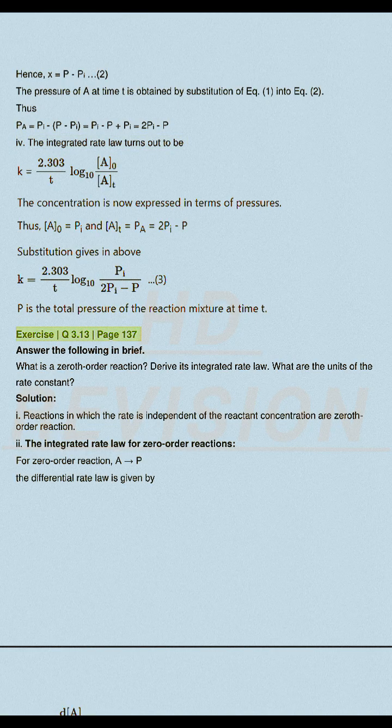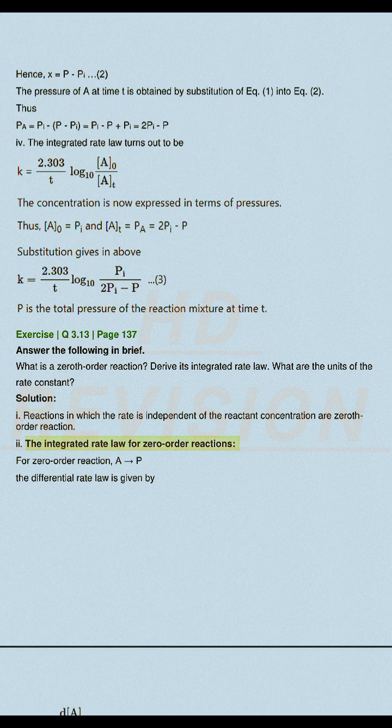Exercise Q3.13, page 137. Answer the following in brief. What is a zeroth order reaction? Derive its integrated rate law. What are the units of the rate constant? Solution. Reactions in which the rate is independent of the reactant concentration are zeroth order reactions.